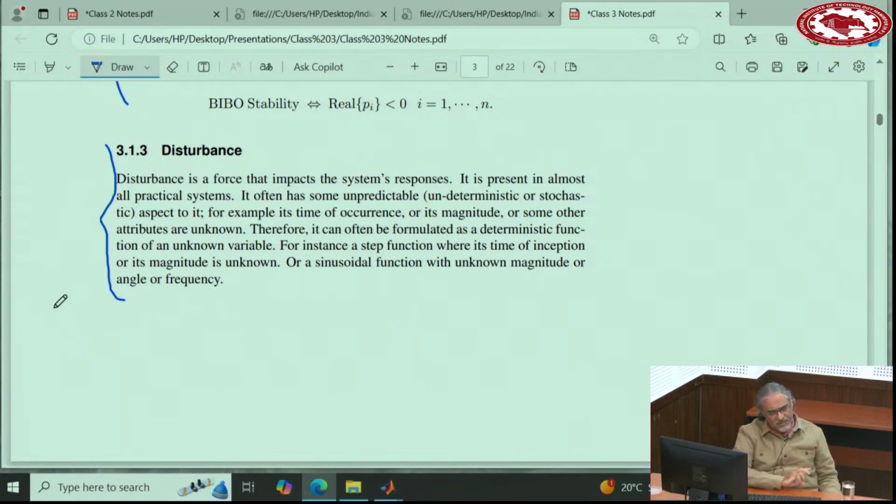Even in the converter, with VA and VB, if you assume VA is 100 volts and it turns out to be 98, we don't call this a disturbance. But if it is 100 volts and at some point suddenly jumps to 98, we call this a disturbance. So this is a fine difference between disturbance and uncertainty.